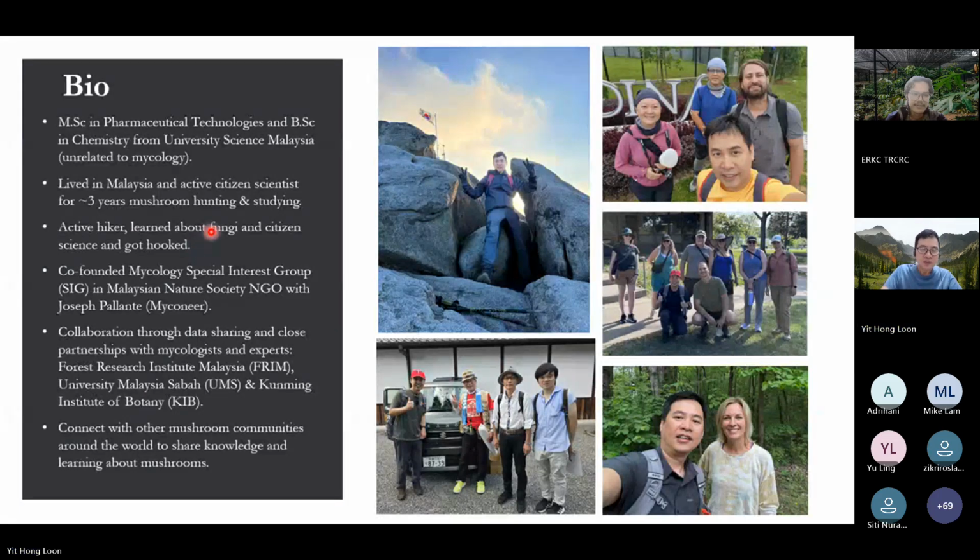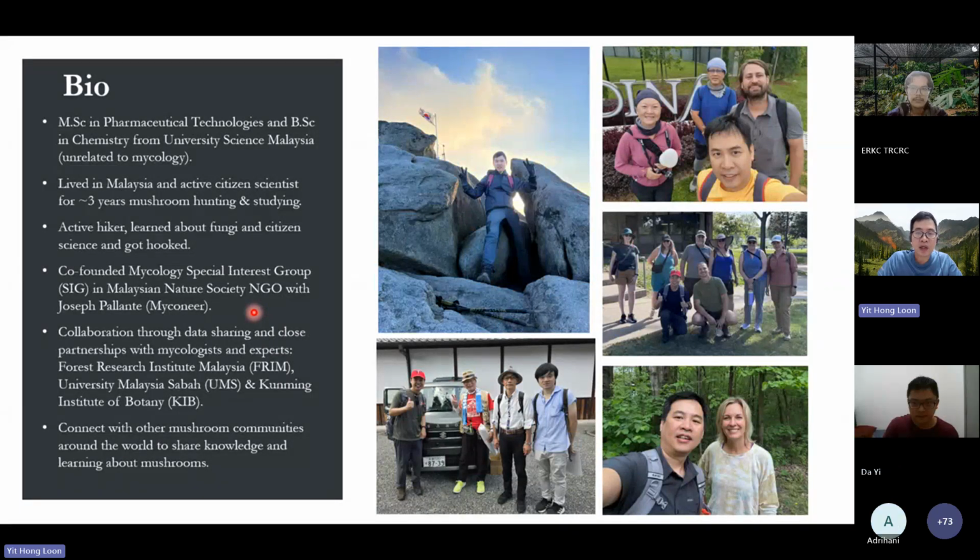Then I started to learn about fungi and citizen science. Last year, Joseph and I co-founded the Mycology Special Interest Group in MNS. MNS, like I explained, is an environmental conservation group with a very long history.